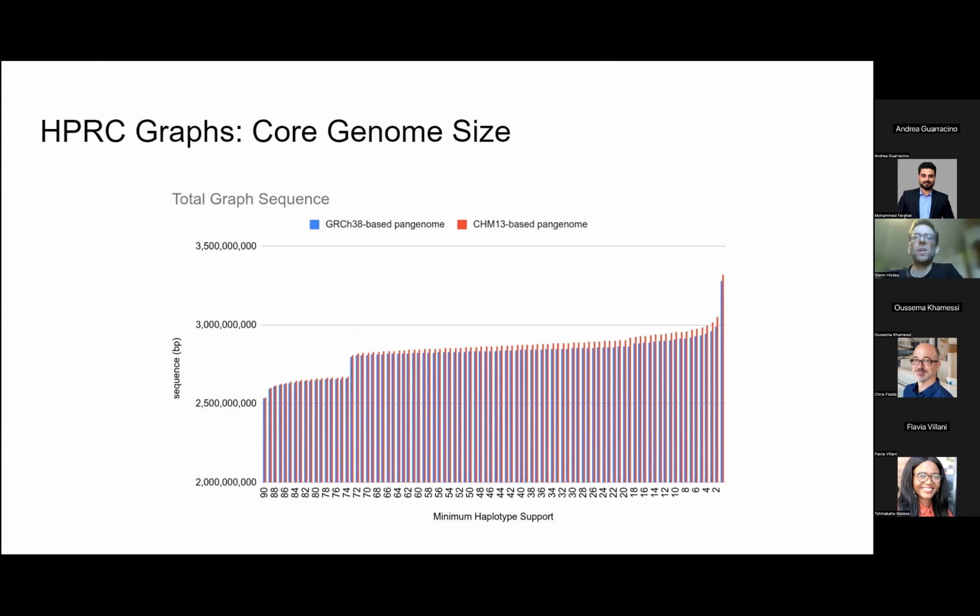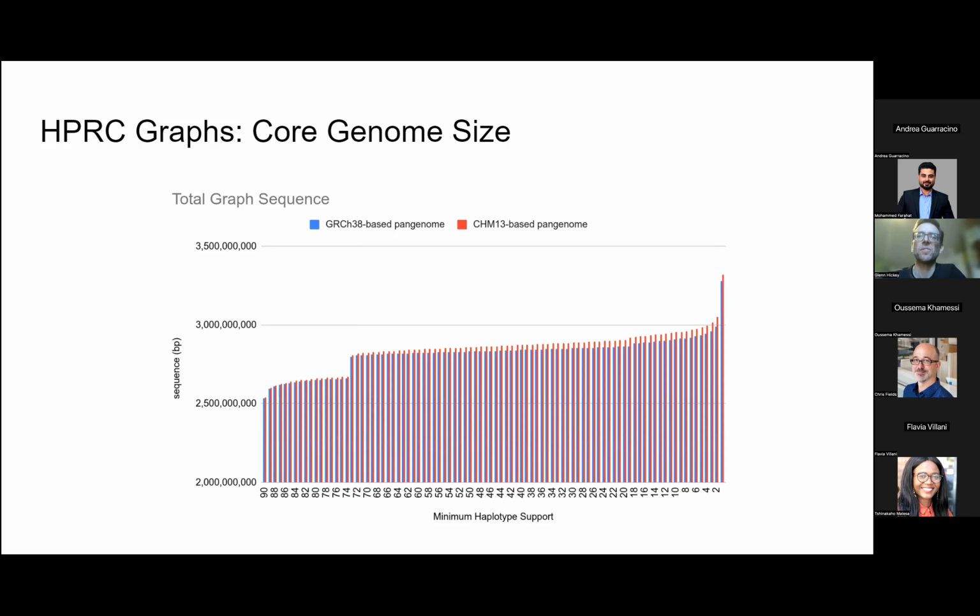Yeah, so you can make plots with your pangenome graph a little bit like the one I showed you for the bacteria, looking at this novel sequence across how many haplotypes support it. I guess this is a different view of the previous slide. You can see there's a bit of a step toward the left hand, and that's just because the columns are by haplotype and not by sample.